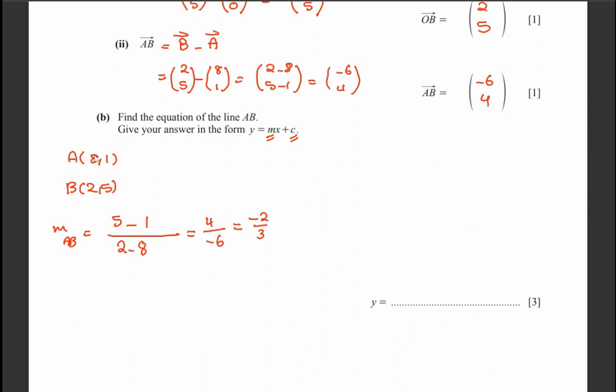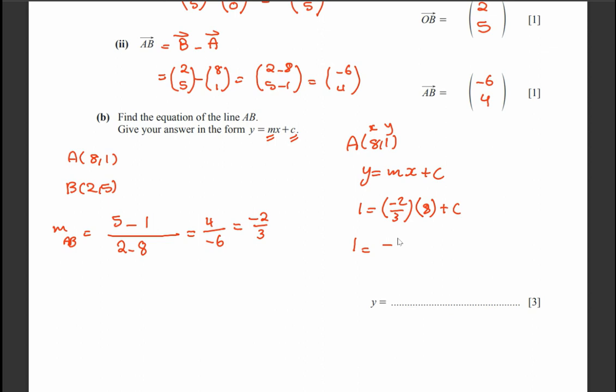I can choose any point to work with. I will choose, for example, point A, which is 8 and 1. Now y equals mx plus c. I'm going to substitute with the point A, 8 and 1 in y and x. So 1 equals, instead of m, I'm going to write negative 2 over 3, instead of x, 8, plus c.